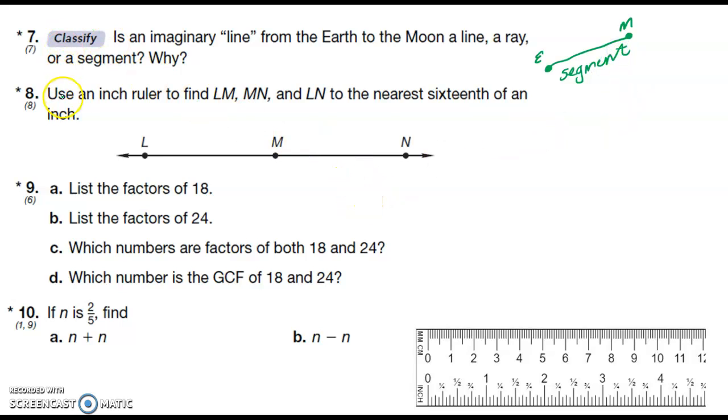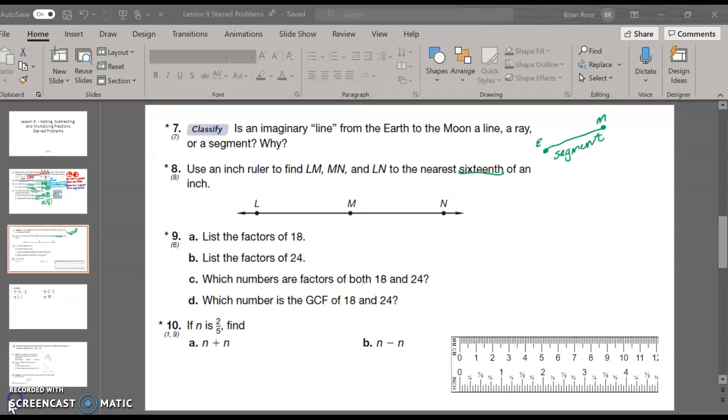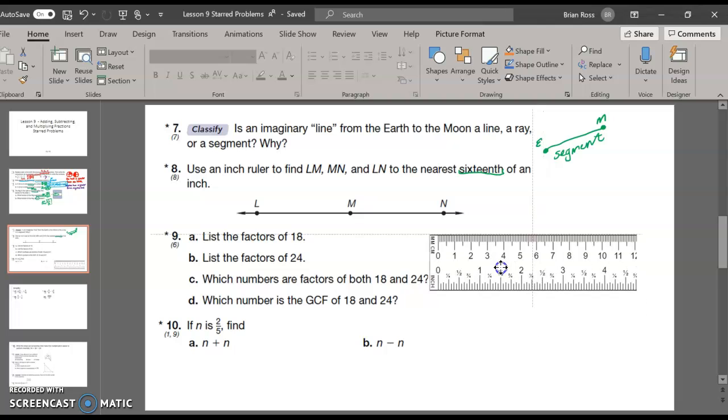Okay? Use an inch ruler to find LMN, MN, and LN to the nearest 16th of an inch. So I'm going to have to get out of this view so we can use our ruler. So let me pause you guys for just a second. Okay, so I got out of that view so you can see everything on my screen right now. I'm going to click on my inch ruler here and bring it up here.